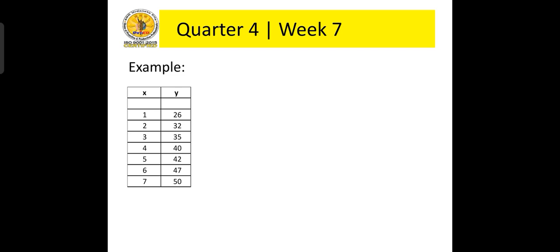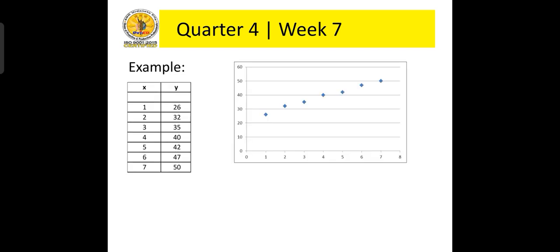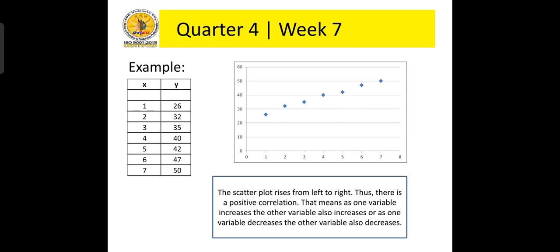So for example, if we take a look at our data, the value of x increases and the value of y also increases. So if we are going to get its scatter plot, based from the figure, the scatter plot rises from left to right.